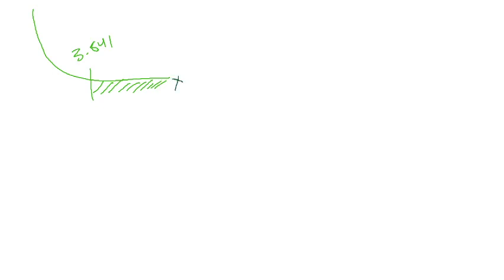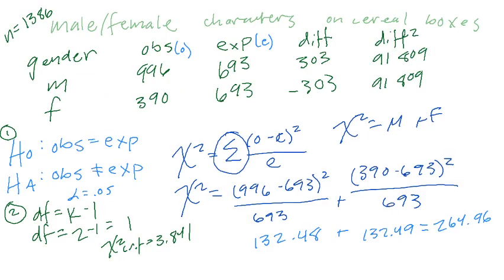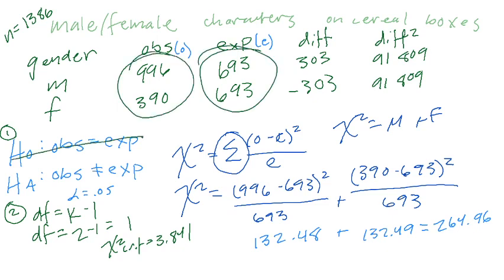And in fact, it's way, way out there, meaning that if we go back to our hypotheses, we would need to reject this. The observed values were not equal to what we expected. In fact, there was a very large discrepancy. Remember, we're always testing due to chance, but it doesn't seem like this discrepancy happened due to chance.